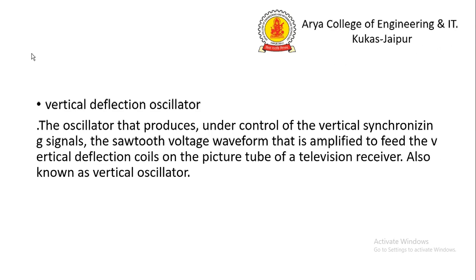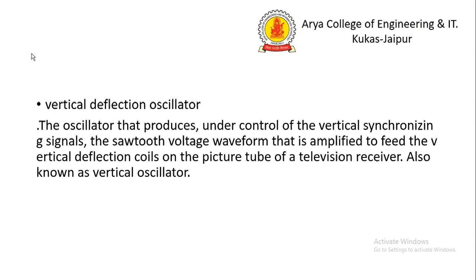The oscillator that produces, under control of the vertical synchronizing signal, the sawtooth voltage waveform that is amplified to feed the vertical deflection coil on the picture tube of a television receiver, also known as the vertical oscillator.